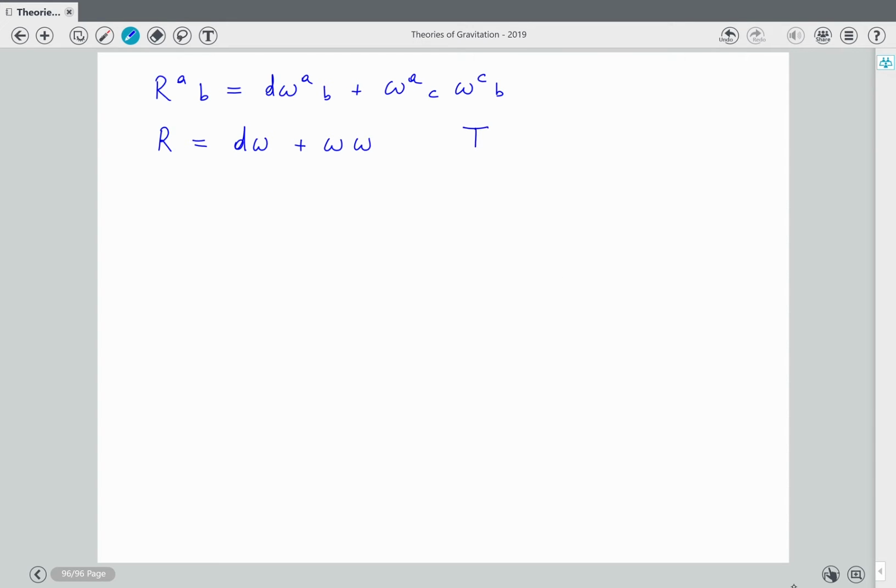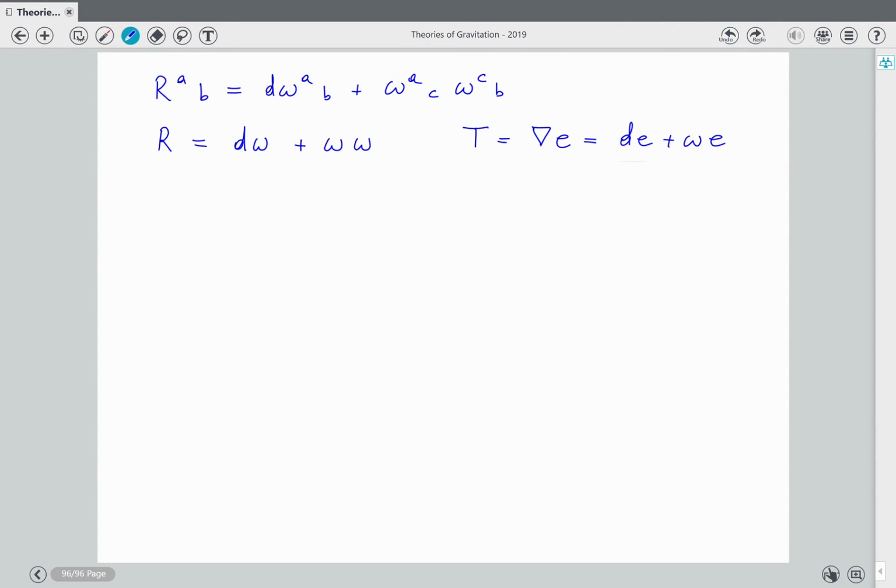And as far as the torsion is concerned, torsion is the covariant derivative of E, which means dE plus omega E. So these are the basic quantities in the differential form notation.